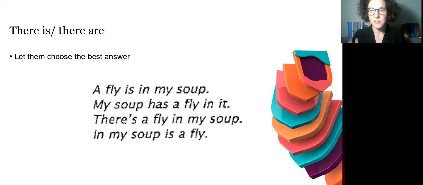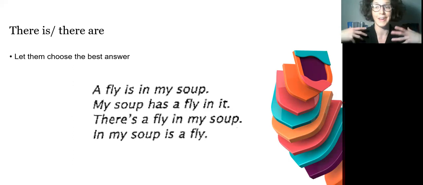We give them a choice to use different ways of saying it, and most probably there will be a lot of ways which are incorrect, but we gave them the choice and they already start conceptualizing that, okay, we need to say it.